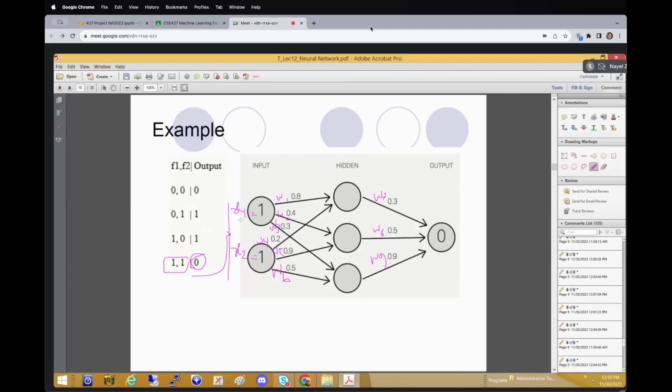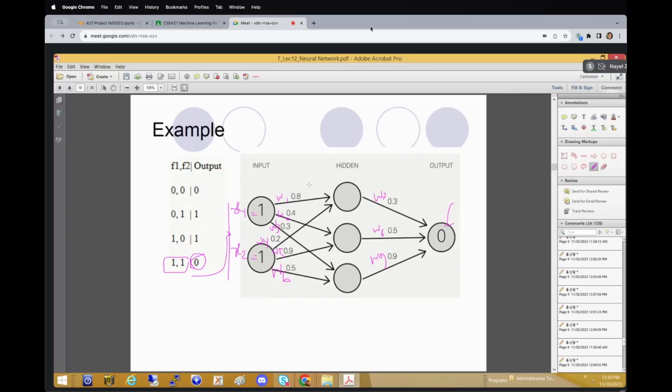So if we pass 1 and 1, the expected output is 0. After completion of training, we will find that 0. Initially we have to train so that our network can produce the values mentioned in the original data set.